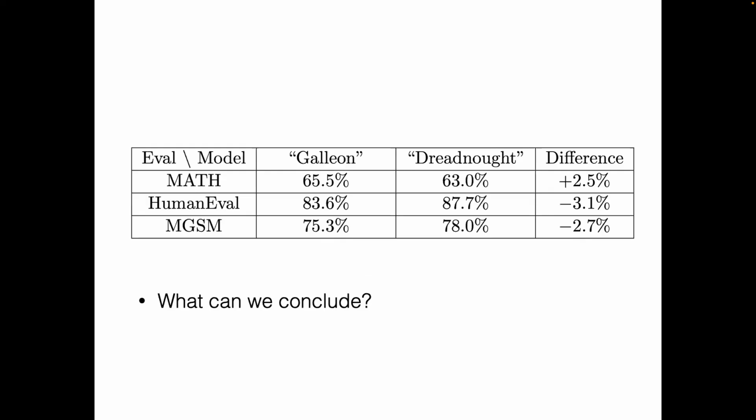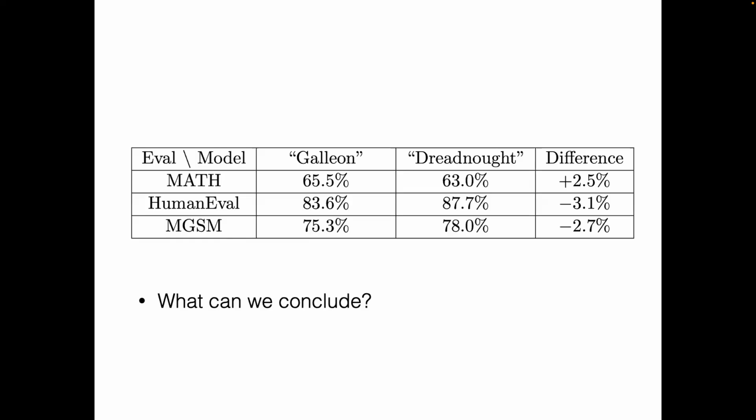I think in the future I'll just call them Model A and Model B. And then we have these three different datasets: the math dataset, HumanEval, and MGSM, which is basically the GSM8K dataset, the math word problems, translated into multiple languages. So you have a French version, Italian, whatever language you want. Okay, not literally every language, but multiple languages.